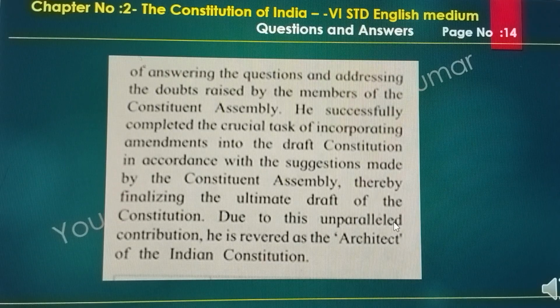Therefore, due to his unparalleled contribution in finalizing the ultimate draft of the Constitution, he is revered as the architect of the Indian Constitution.